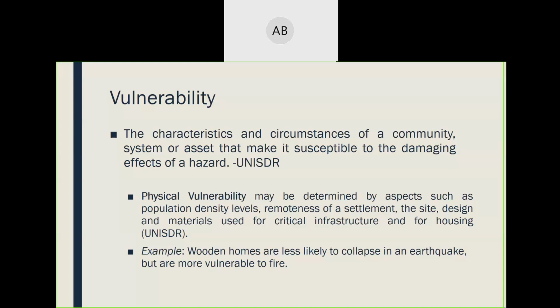Okay, and now I would like to go a little bit beyond, to elaborate on the definition. For example, think that there is a flood happening, okay? And your house is situated on the left bank, or the left floodplain, of a river.